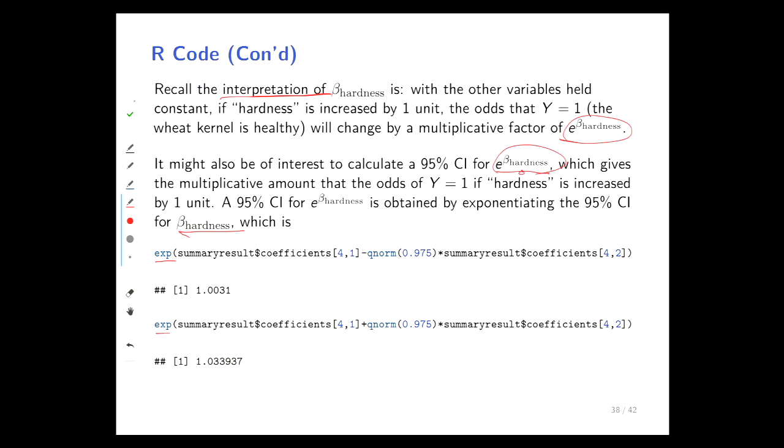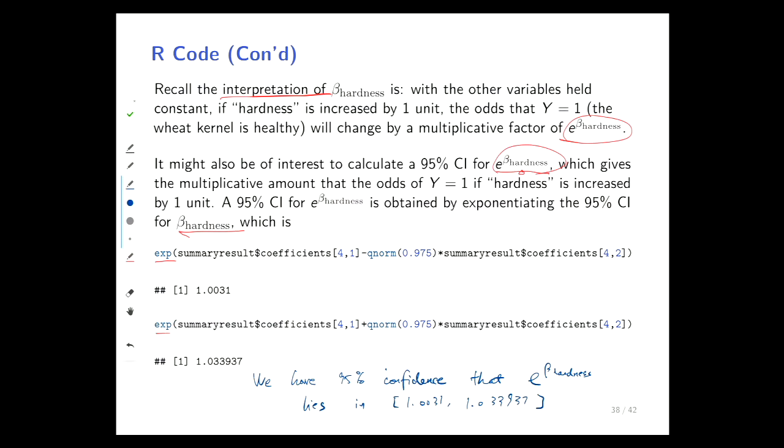So in that case, we can conclude that we have 95% confidence that the exponential of beta hardness lies in this interval, between 1.0031 and 1.033937.